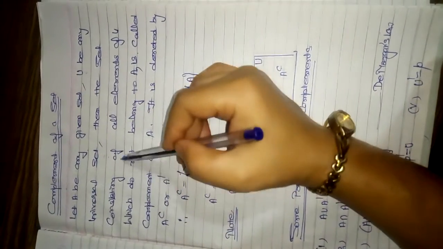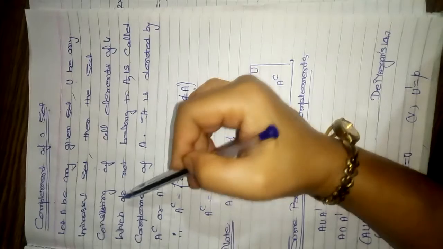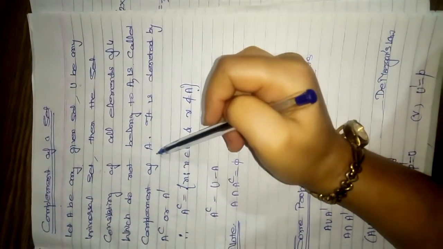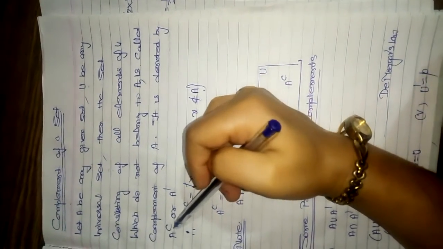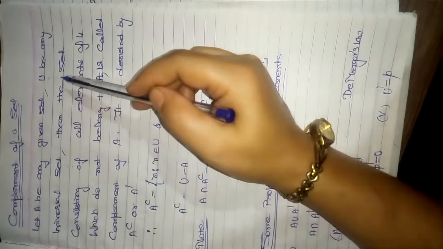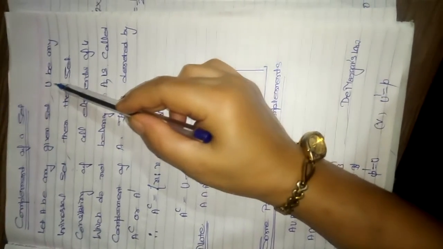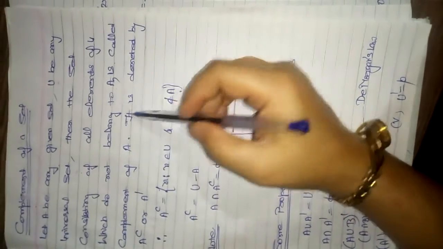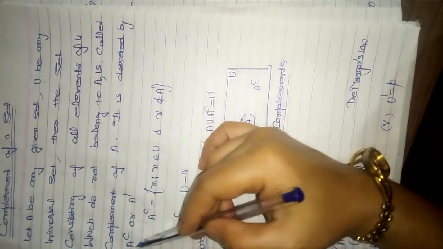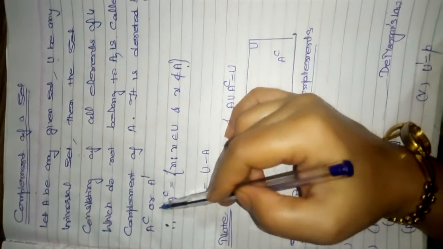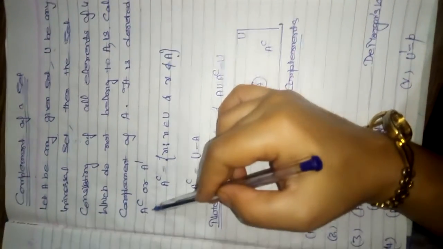Then the set consisting of all elements of U which do not belong to A is called the complement of A, and it is denoted by A complement or A dash. It means in set U, the elements of the universal set which don't belong to A, and then we can write this A complement as A raised to the power c or A dash. By this we can denote A complement.